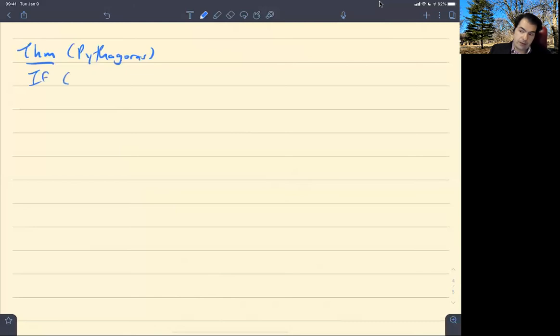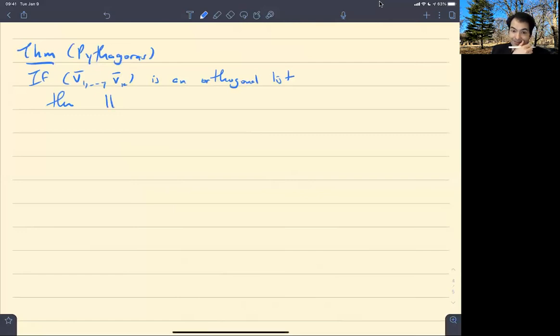If V1 through Vk is an orthogonal list, then the norm of the sum of these vectors squared is equal to the sum of the norms squared.